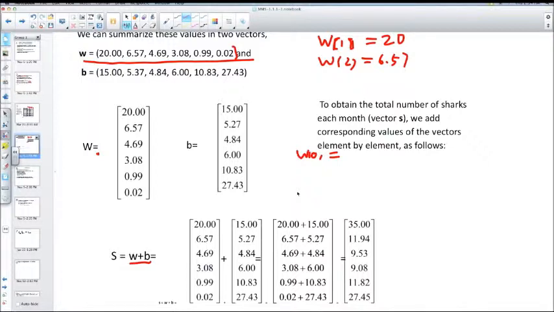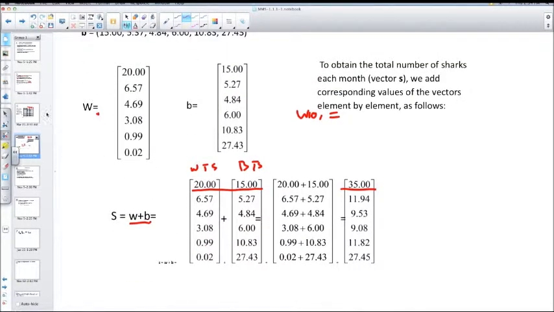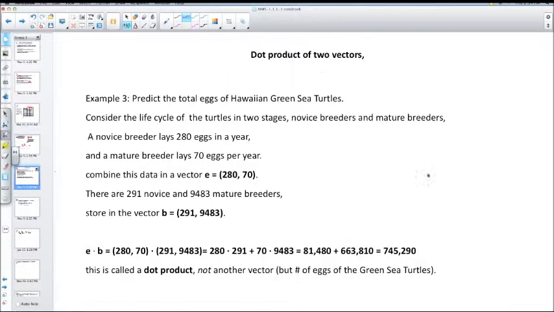You add the first month of WTS with the first month of BTS, then you get the total 35 pound or 100 pound. What the units are, I don't know. And then you add the second month in the same way, and that's how you add the two vectors. Probably that's too easy. Let's move forward.